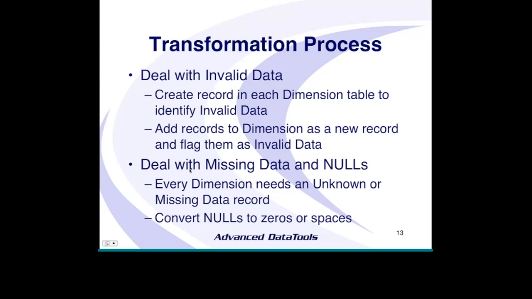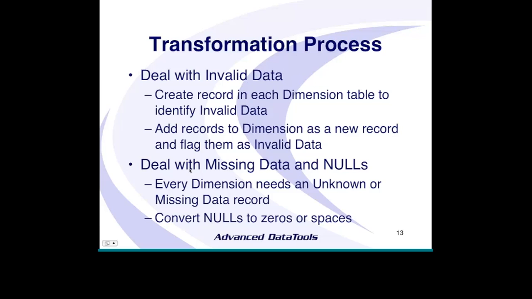One way is to load that record, but give it a product code of invalid. That identifies it as: here's a product I got, but I don't have a valid product code in my dimension table. The second option is to add the product code that I got to my dimension table, but in the text someplace identify it as invalid.